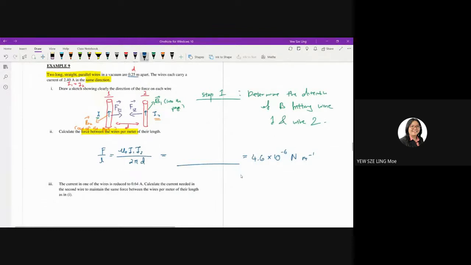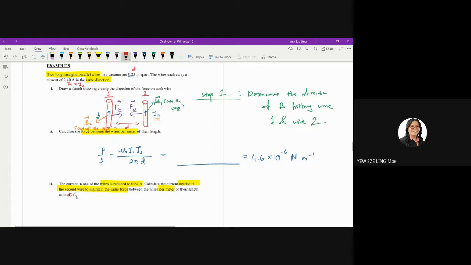Now let's look at question number 3. The current in one wire is reduced to 0.64. Calculate the current needed in the second wire to maintain the same force per meter of their length as in question number 2. Ada sedikit typo di sini.